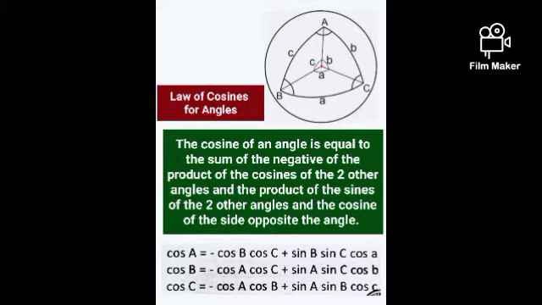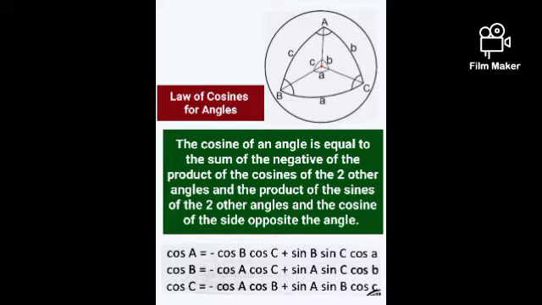The law of cosines for angles states that the cosine of an angle is equal to the sum of the negative of the product of the cosines of the two other angles and the product of the sines of the two other angles and the cosine of the side opposite the angle.